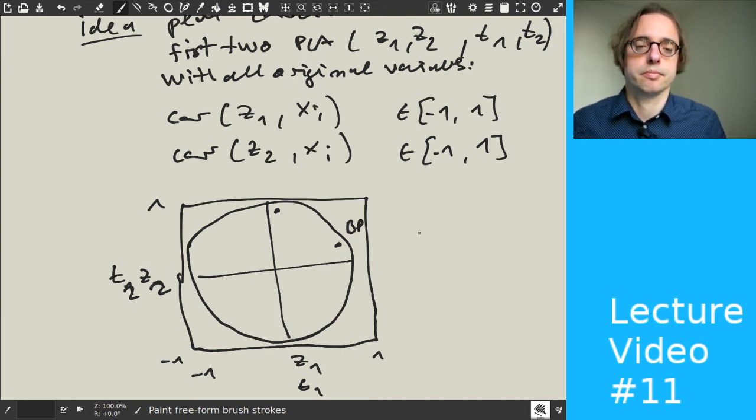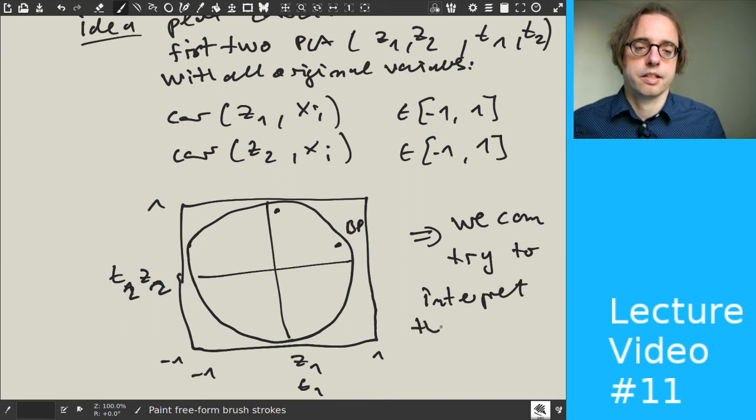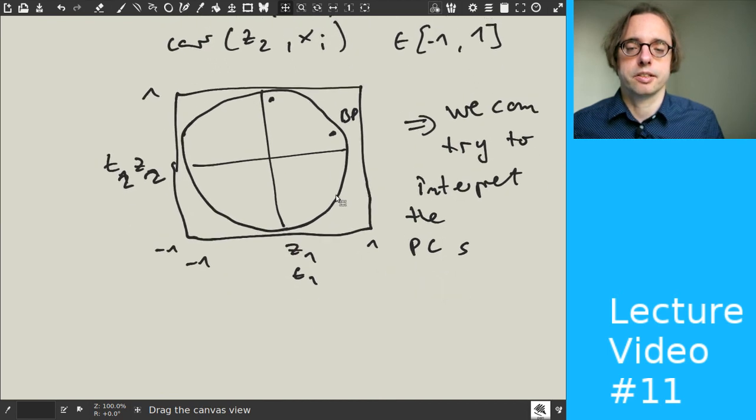So this way we can at least try to interpret the PCs, the principal components. For ZCA whitening we didn't have this problem because we try to keep them interpretable. For PCA you never know what the principal components are actually doing, but using these kinds of plots you can try to figure out what PCA is actually doing.